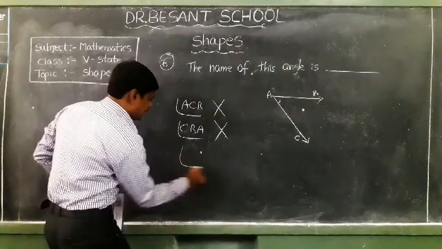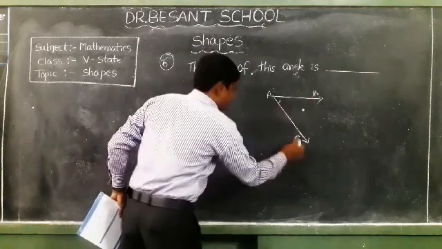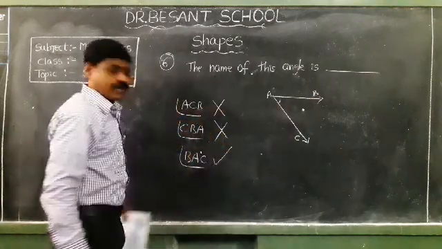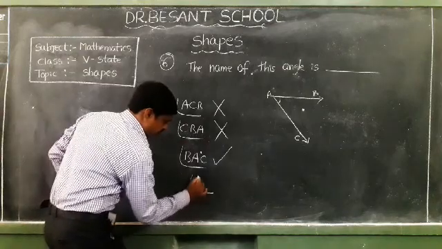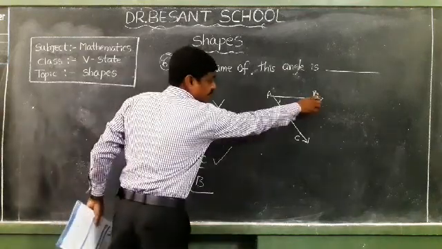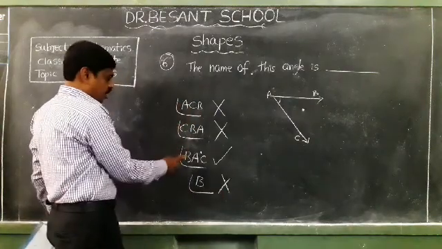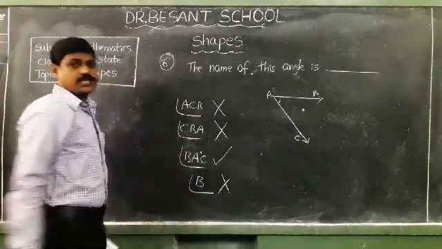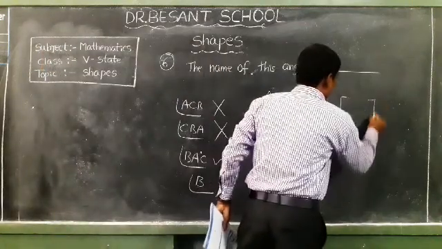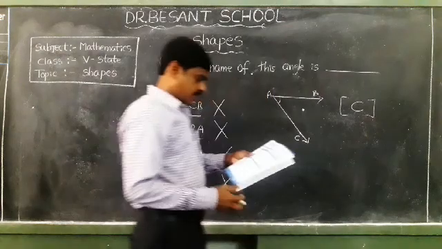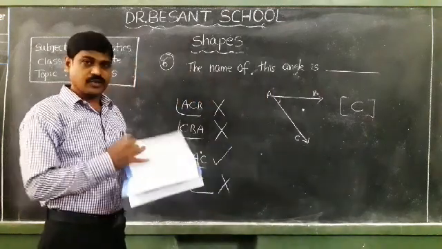Angle BAC is absolutely correct. So which option is correct? Option C is the only correct one. So you have to write option C here. Understood? So this is the sixth question. Okay, next.